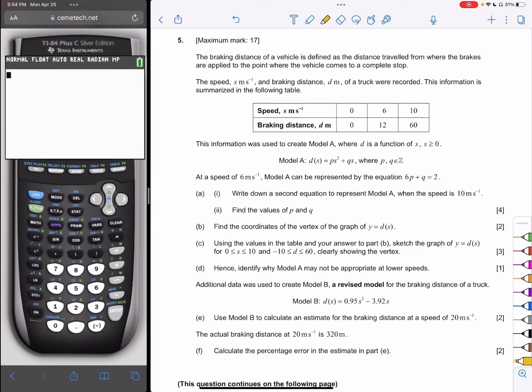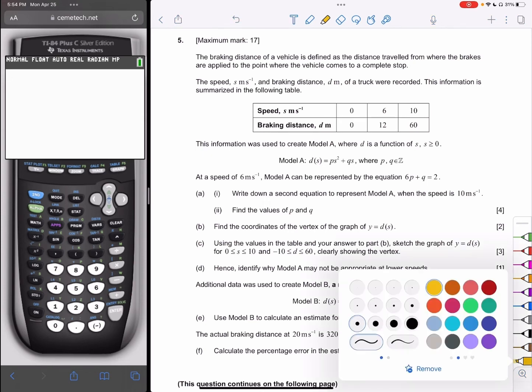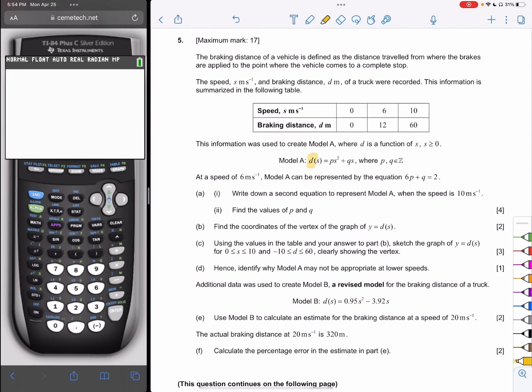So if we look at model A, it says that we should have the equation D of S is equal to PS squared plus Q times S, where P and Q are integers. Remember, this means integers, positive or negative whole numbers.